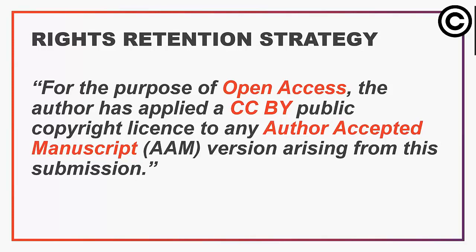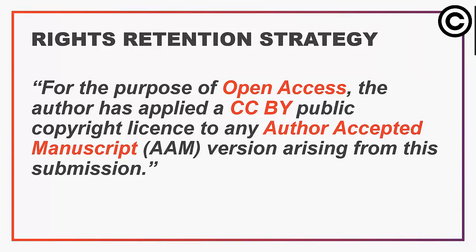And what this statement does is that it tells the journal that you as the author are retaining the copyright on the author's accepted manuscript, which, as I said earlier, is common practice, but you're taking it a step further because you as the author are applying a Creative Commons Attribution license, you can see here on the slide the CC BY license, on that author's accepted manuscript.